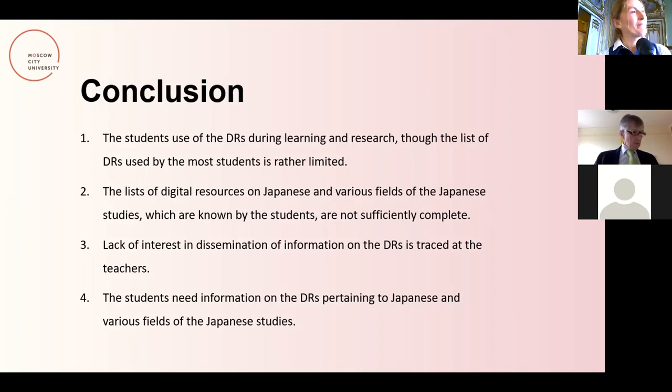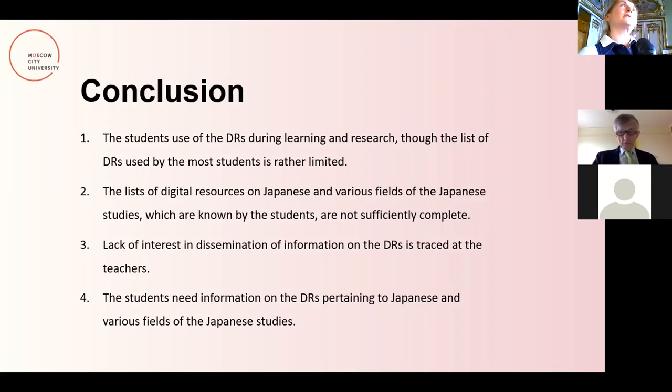Can you just briefly give several examples of digital resources that were mentioned or are used? A lot of dictionaries, of course, Shonagon, now it moved on to Chunagon. They don't use Chunagon, I don't know why, but they use Shonagon.